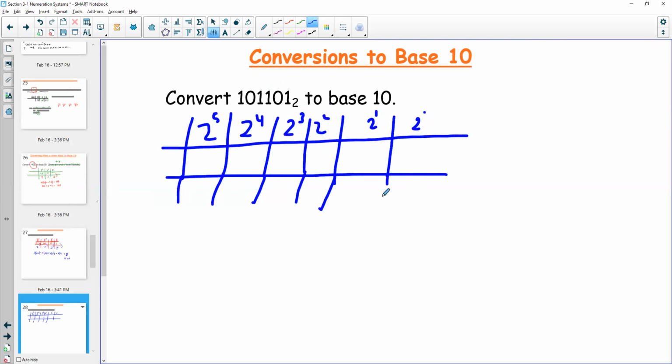All right, so I have my chart. 2 to the 0 is 1, 2 to the first is 2, 4, 8, 16, 32.